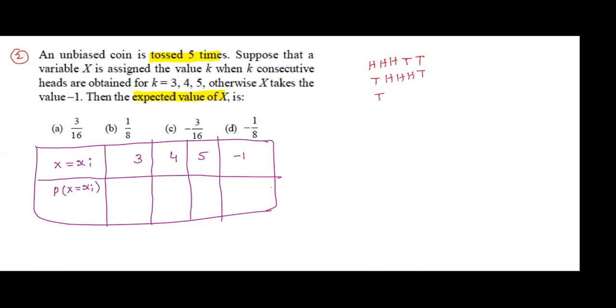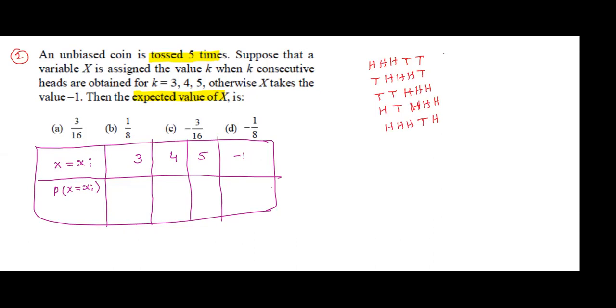Next, tail, tail, head, head, head. Here they mentioned only 3 consecutive heads; about tails they didn't mention. So we can take it like this also: head, tail, head, head, head. Here also 3 consecutive heads are there. Next, head, head, head, tail, head.